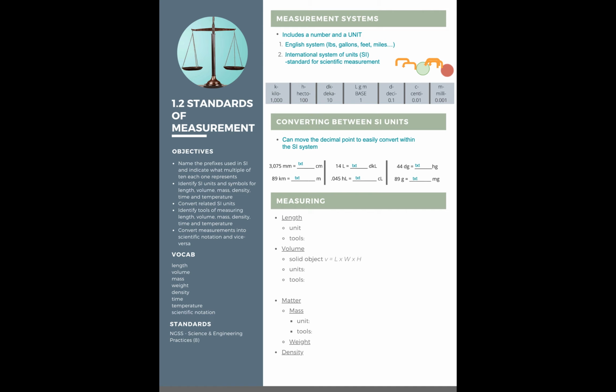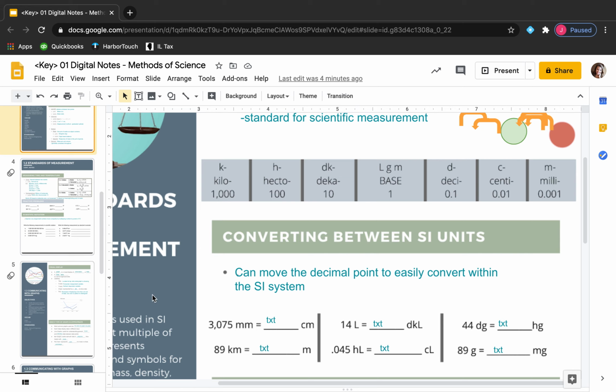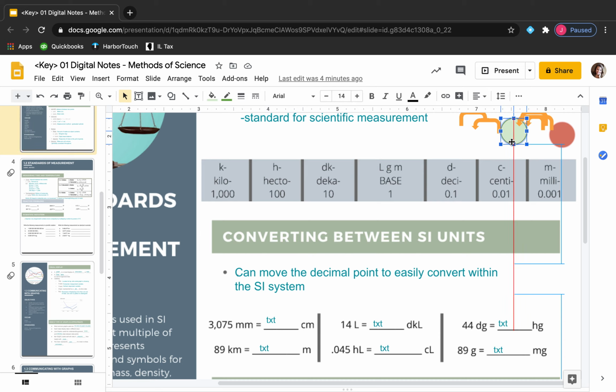So we're actually going to practice this with these practice problems. Okay, so the first problem is 3,075 millimeters to centimeters. Okay, so I'm going to use these dots in order to do our start. So our start is millimeters, so M. Okay, and then we're going to centimeters, which is right here. Okay, so if we look, we're going to jump 1 box to the left.